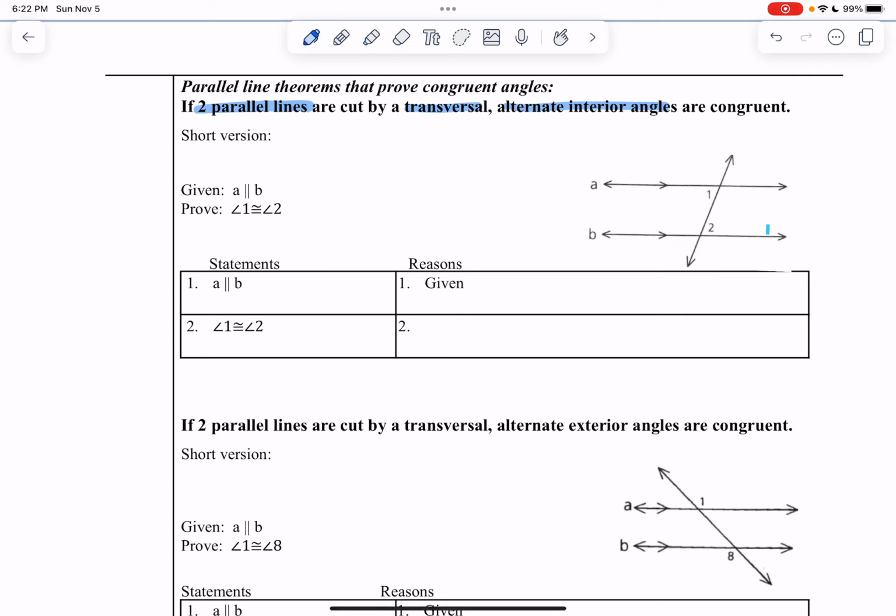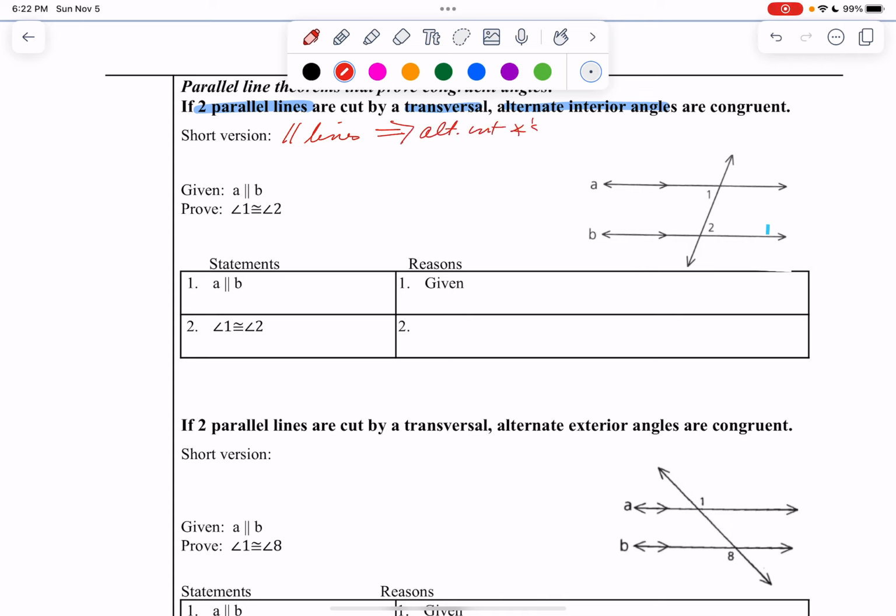The short version of that we wrote down on the page above, this is just reversed. If they're parallel lines, that implies that alternate interior angles are congruent. If you look up above, it was alternate interior angles imply parallel lines. This is just going the other direction.